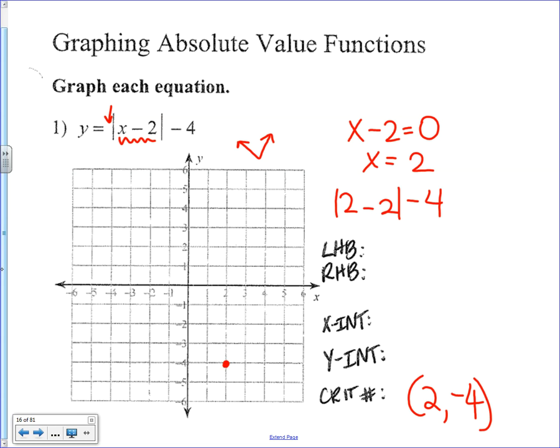Now, is this thing face up or face down? It is face up, which means, now don't draw this, it means it's going to have to go like this, doesn't it? Yes? Well, how am I going to find my other points? Didn't we previously use slope to find our points? Yeah, the slope was always in front of which variable?